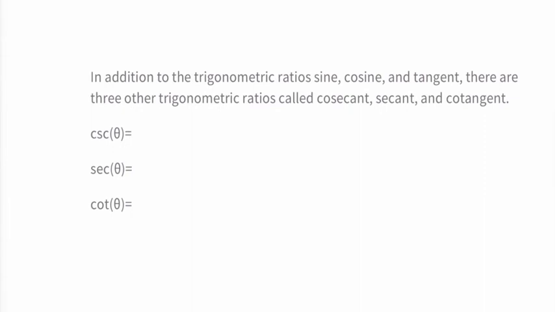In addition to the trigonometric ratios sine, cosine, and tangent, there are 3 other trigonometric ratios called cosecant, secant, and cotangent. Cosecant is the reciprocal, 1 over the sine. So if sine is opposite over hypotenuse, cosecant is the hypotenuse over the opposite side. It's the reciprocal. You switch the numerator and denominator.